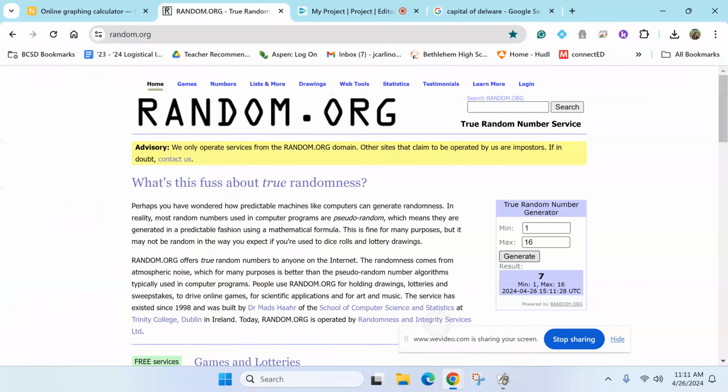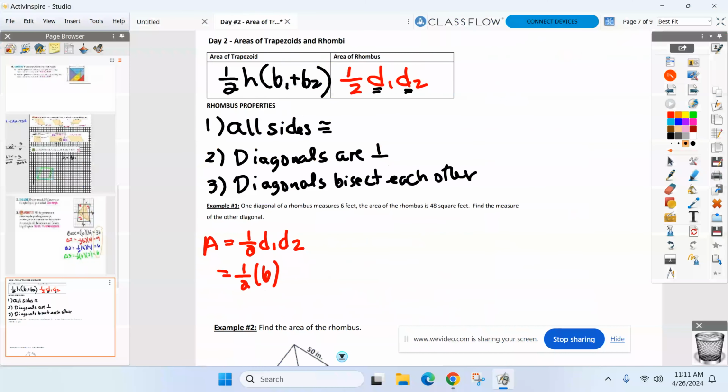Where is the 48 square feet going to go? Josh? In the area. All right, I'm not looking for the area, I'm giving it to you. And now how you represent the second diagonal, you can leave it D2 if you want. You can put an X, Y, whatever floats your boat. Whatever your favorite letter is.